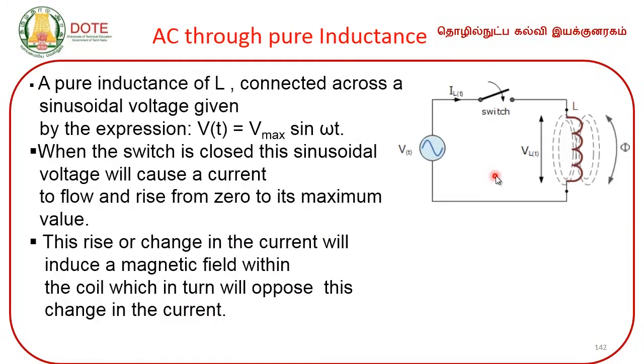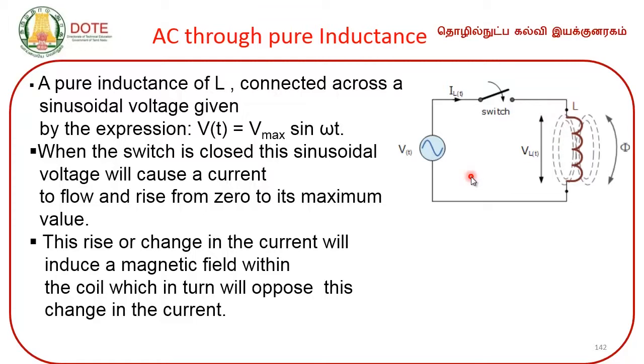Whereas in the resistor, when you connect to the AC, both voltage and current reach their maximum and 0 at the same time. So through the resistor, voltage and current are in phase, but across the inductor, the voltage and the current flowing through the inductor are out of phase.